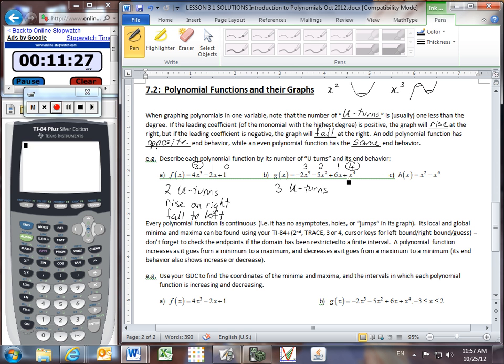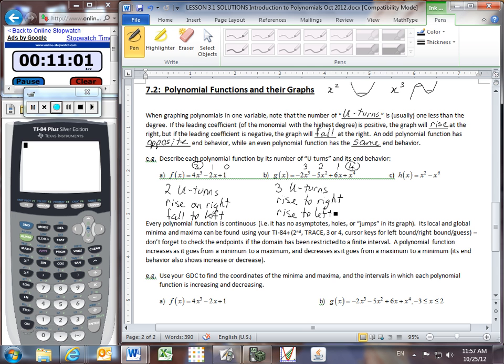Because the leading coefficient of that largest term is a positive 1, it's going to rise to the right. As we go to the right off the end of the graph, it will be rising. And this time, because the end behavior is the same due to it being an even degree, it will also rise to the left.